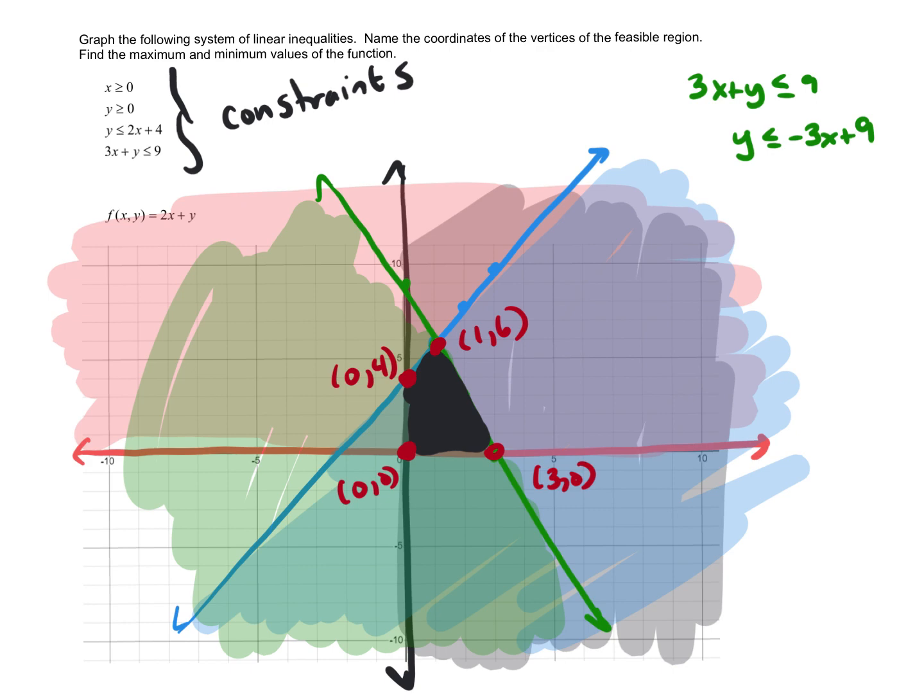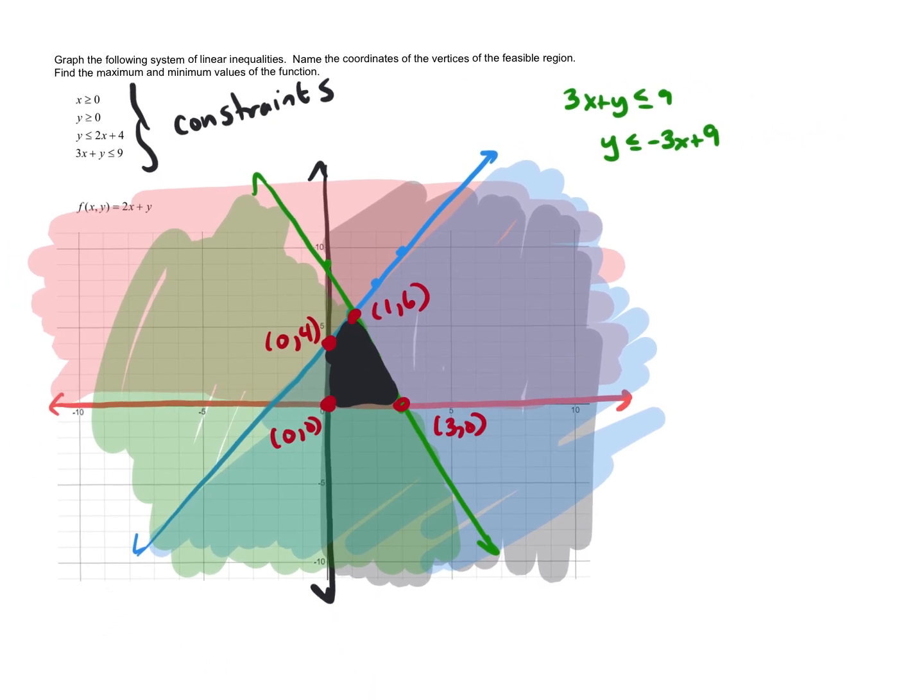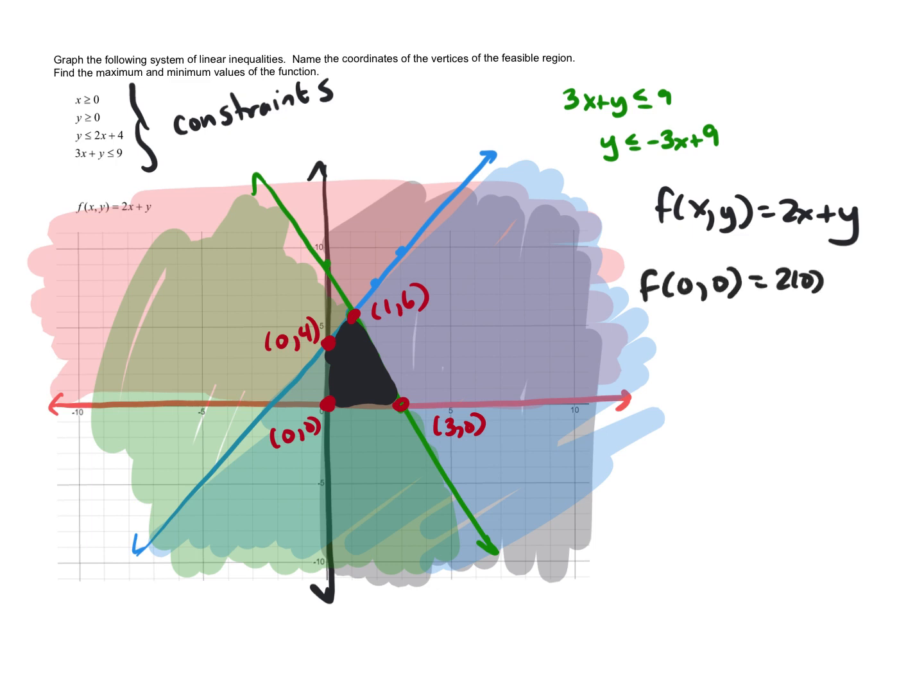So now to find the maximum and minimum values, we're going to go ahead and plug them into our function. Now in this case it's a different function. It's 2x plus y. This is the function I want to make biggest. So f of 0, 0 is 2 times 0 plus 0, which is 0. F of 3, 0, and again, you can do them in any order you want. 2 times 3 plus 0 is 6.